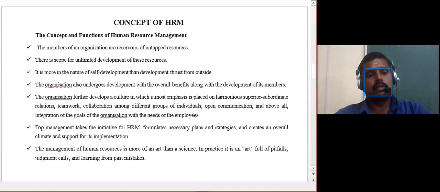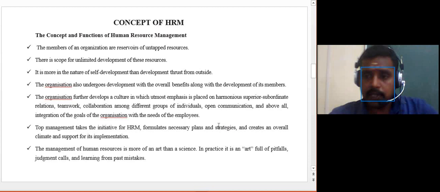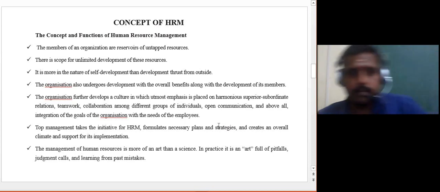Because man is also one of the social animals in the world. Without the human resource, the remaining resources are useless, meaningless. So we are in a position to identify the right person to do the right job.